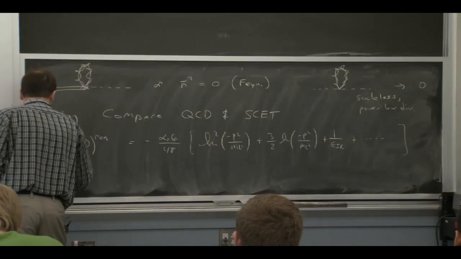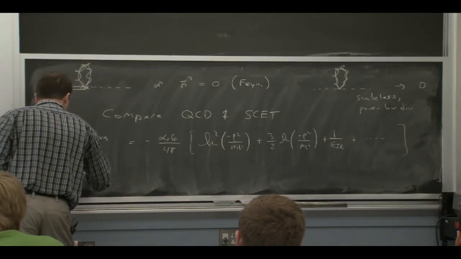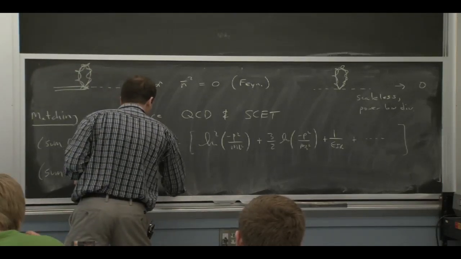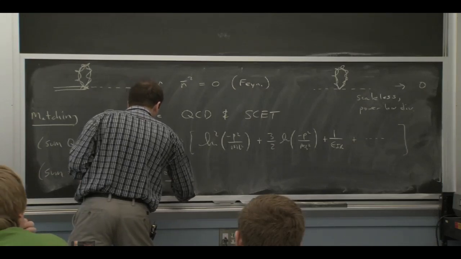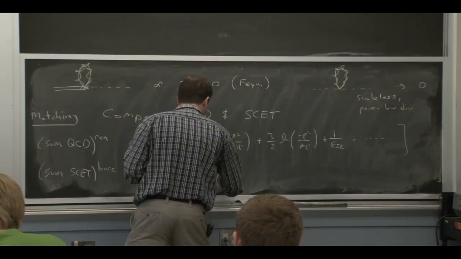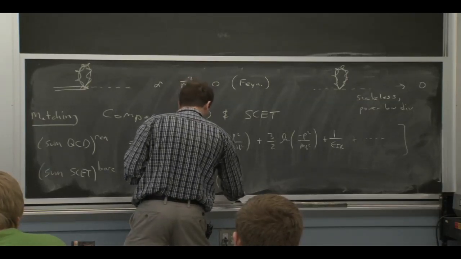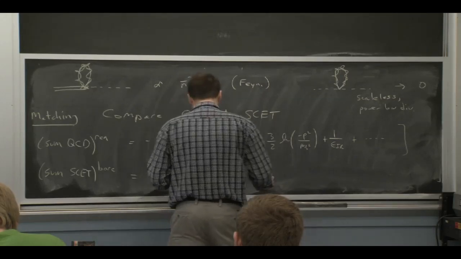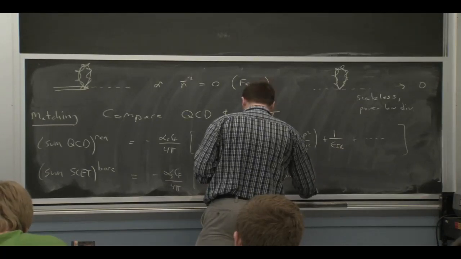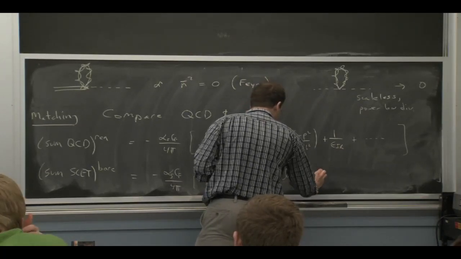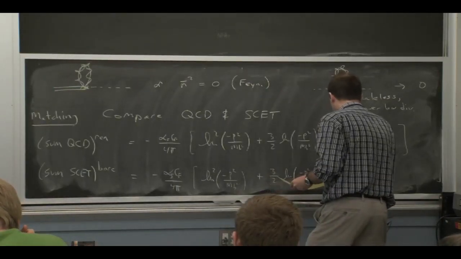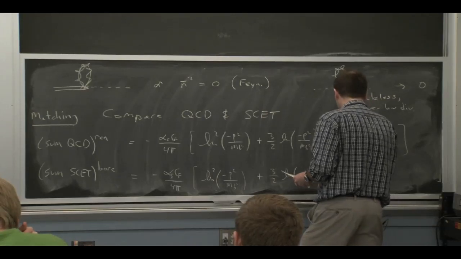In SCET, we didn't carry out renormalization yet. So let me call this the bare SCET result for now. Once we add the ultrasoft and collinear diagrams together, the logs of p squared match up exactly with the full theory. So this is the first sign that it makes sense to be thinking about adding these loops, even though they were the same topology. We are correctly reproducing those logs of p squared in the full theory.